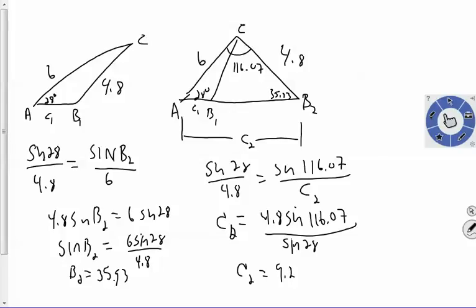Now for the other part of that triangle, and that's this one right here. So this guy is 28, this guy is 6, this is 4.8, right? So this is A, and this would be B2, and this is C. We know that this angle right here is 144.07.